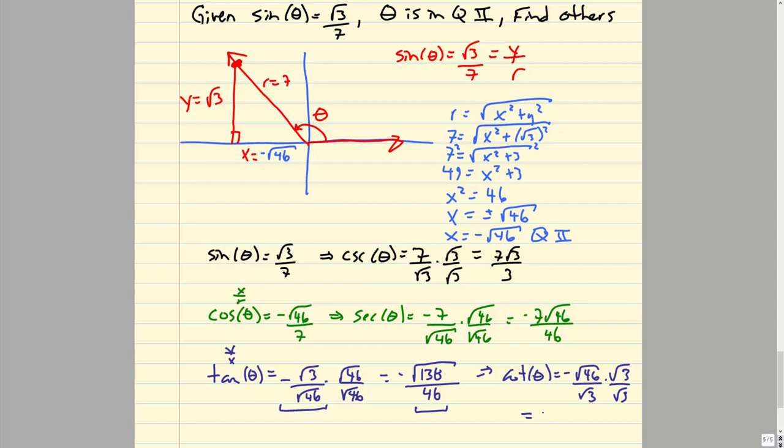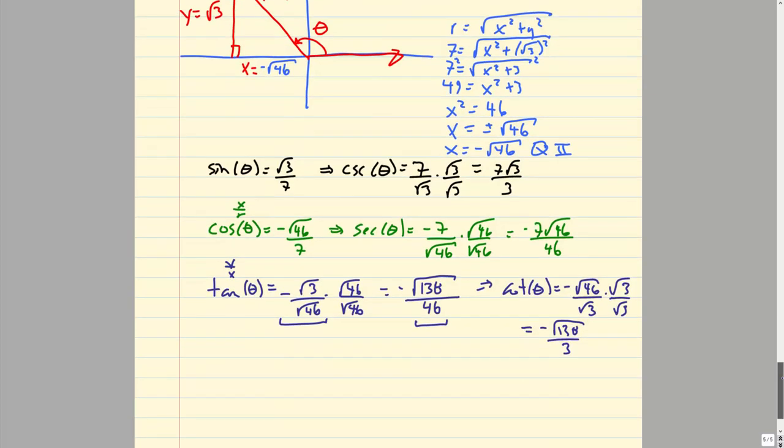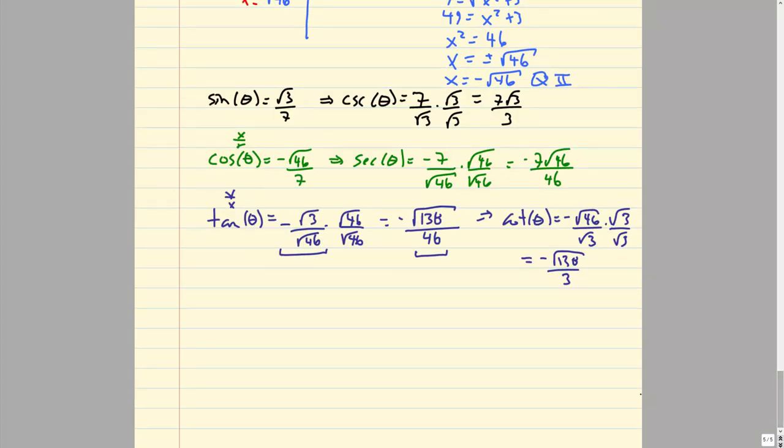And I'd have negative square root of 138 over 3. That would be my cotangent. So given one of the trig functions and one other piece of information, whether it's the quadrant that you're in or the sine or the cosine value, I should be able to go through and find all the other trig functions. And again, it's a factor of whether you know about positive and negative values for each quadrant and about whether you know about the sine and cosines.